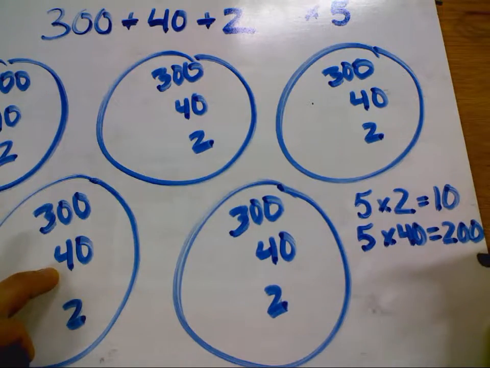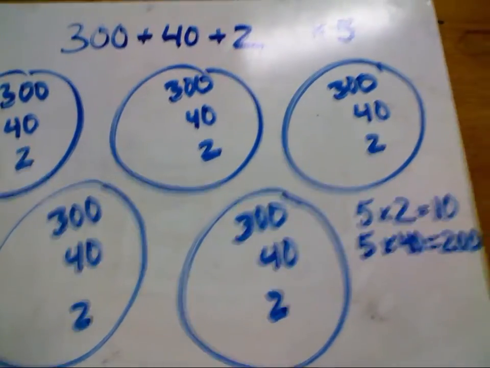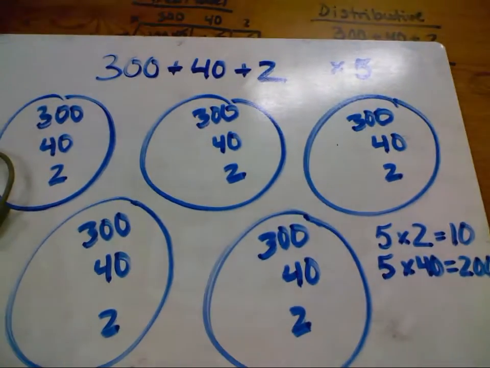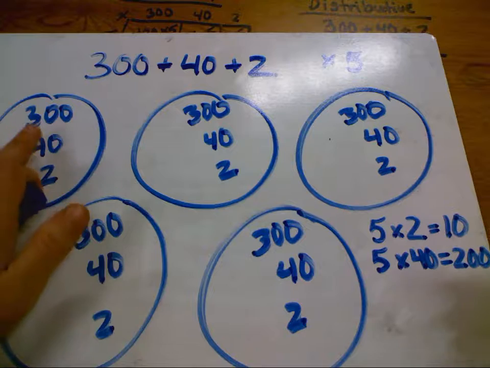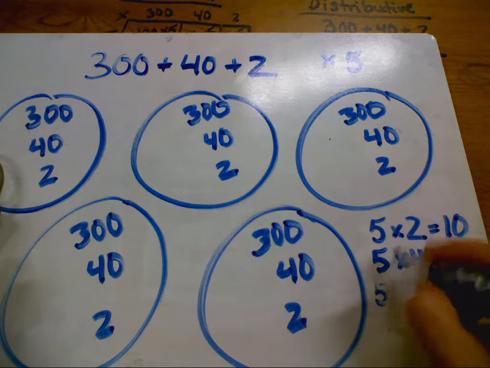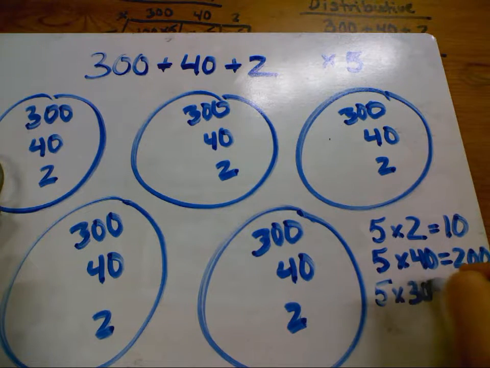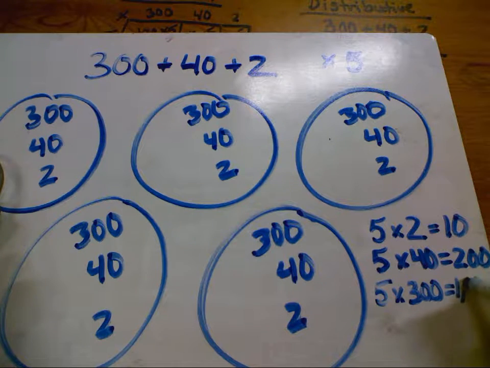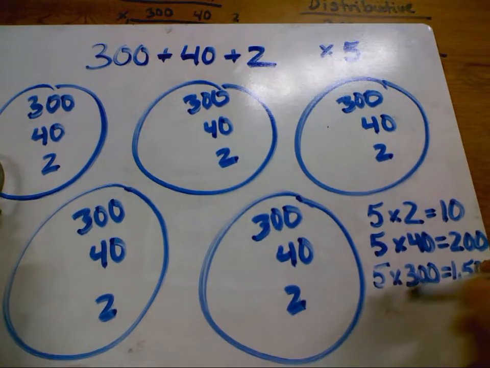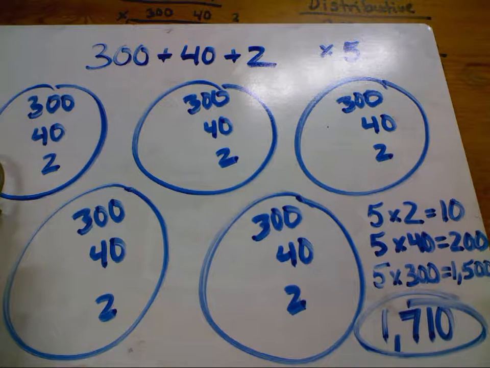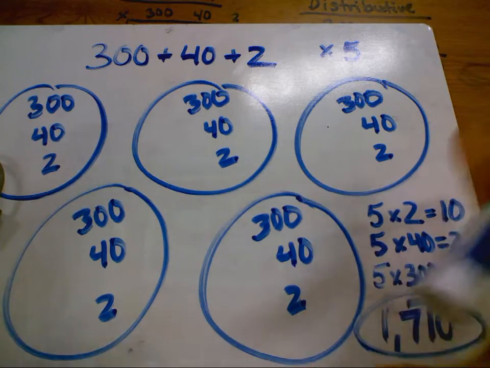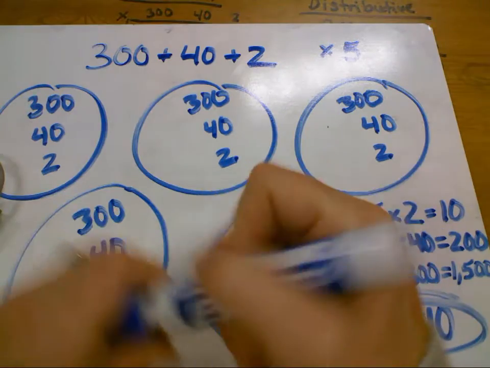If I have 5 300s, that's the same thing as 5 times 300, which would give me 1,500. And I add up those three amounts, it would give me 1,710 as my final product. So this really isn't any different than what I was just showing you.